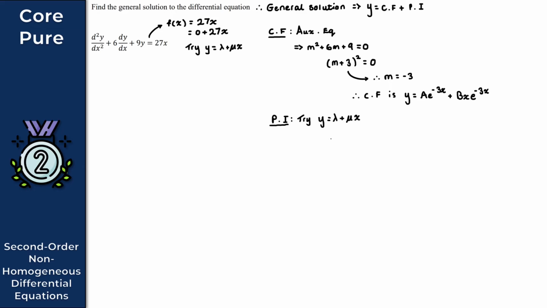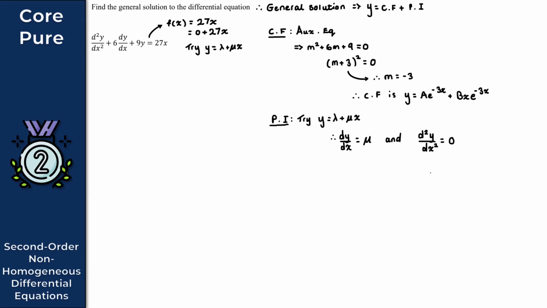So dy by dx is nice and straightforward, that's simply mu. We also require the second derivative, which again is simply 0.